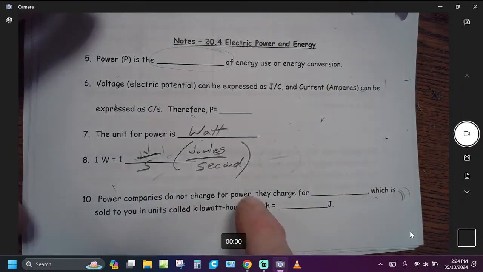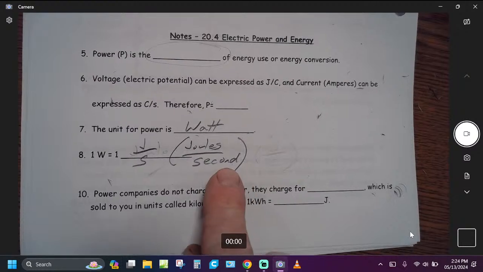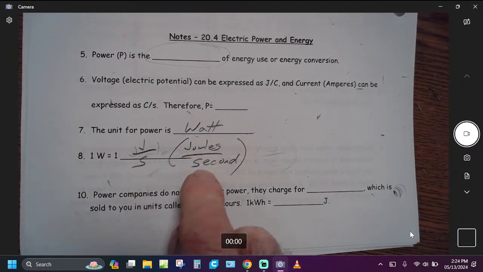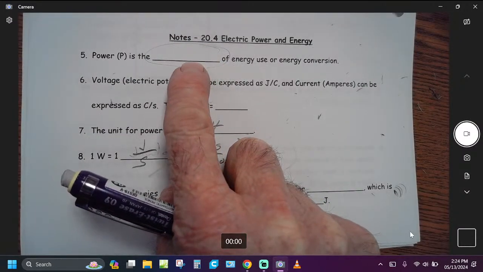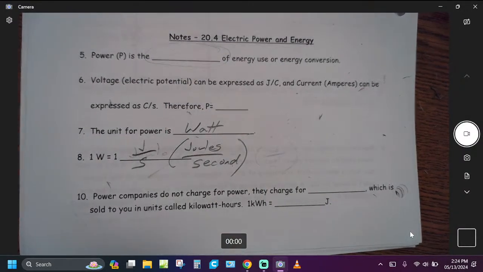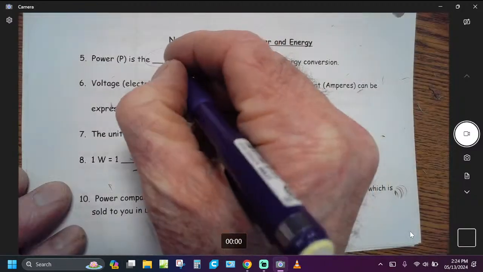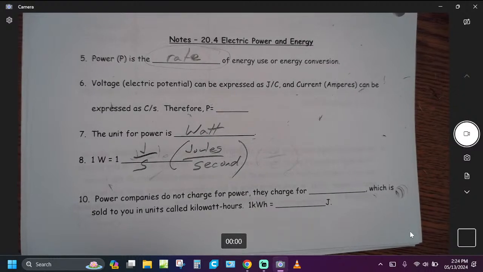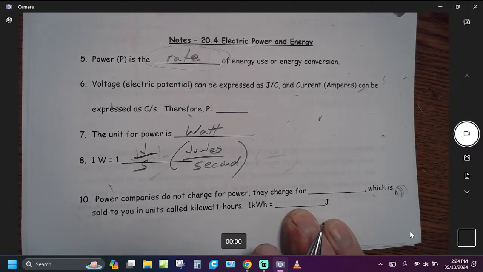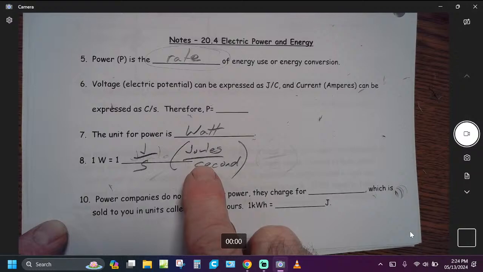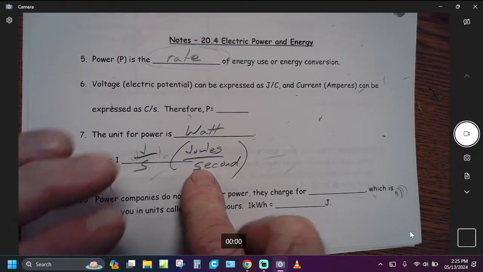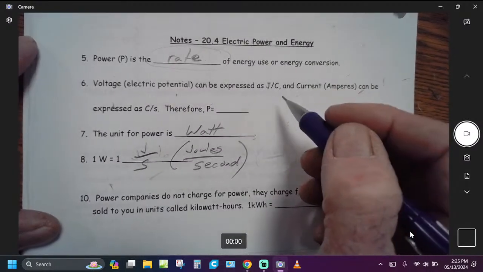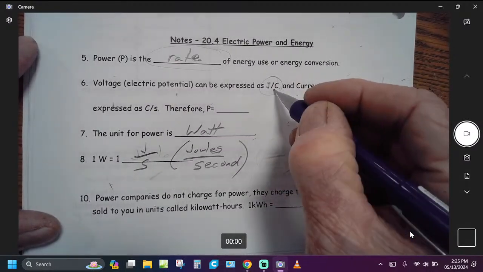So knowing that power is joules per second, does that give you any ideas here? It's a rate. It's the ratio of the amount of energy used to the amount of time. And you don't have to write this down, but volts is joules per coulomb.